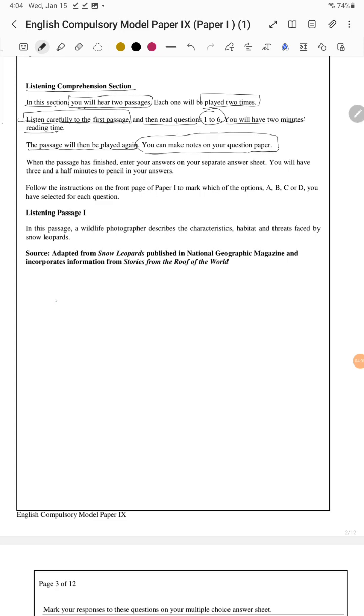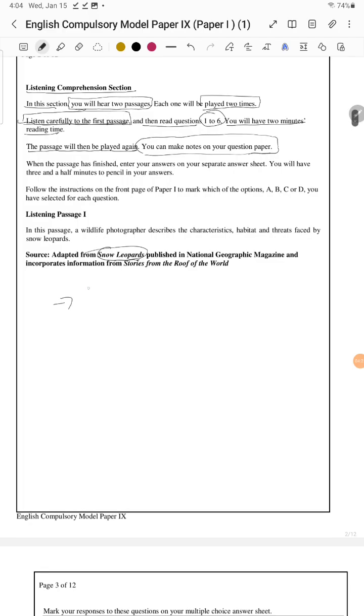Like if the speaker is saying snow leopards live in Antarctica, let's suppose, you can highlight the keyword Antarctica in your question paper from the recording.